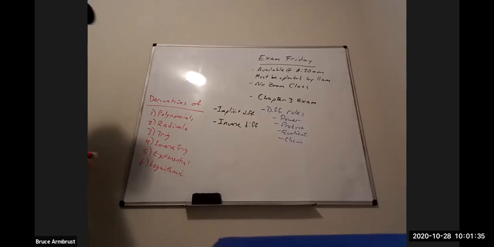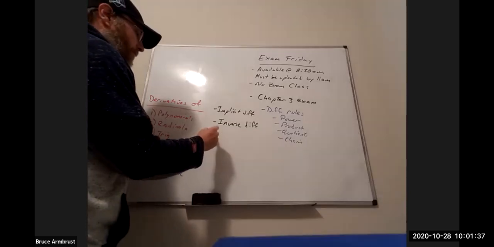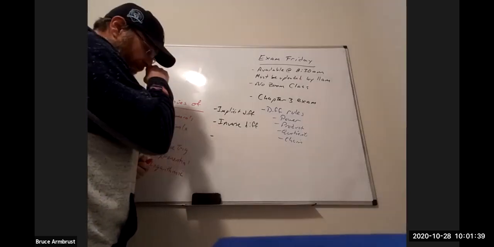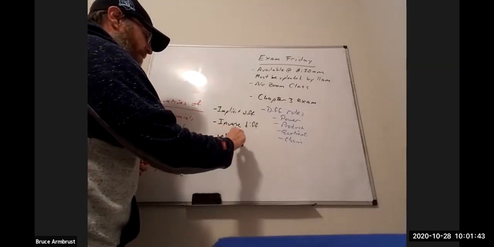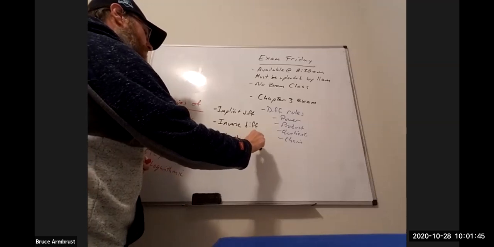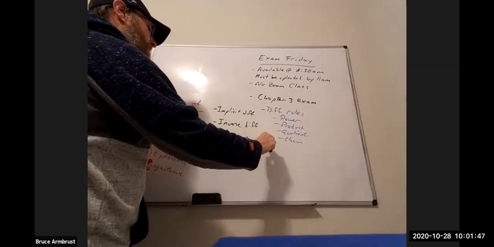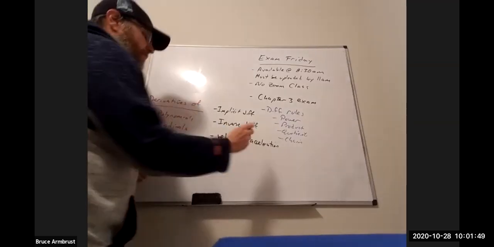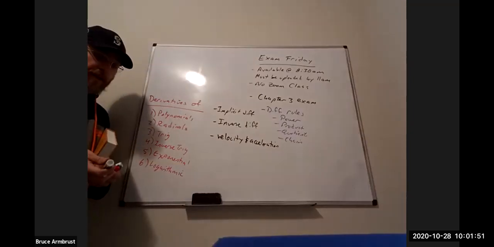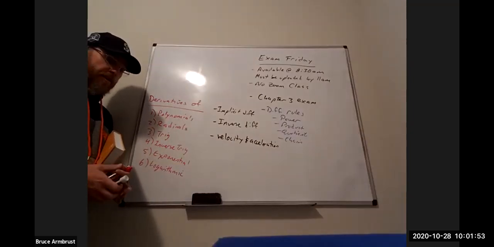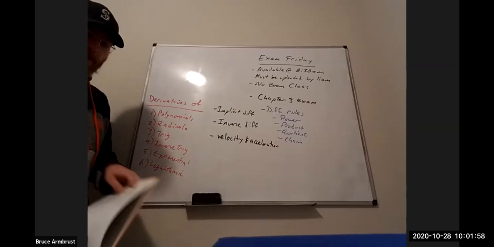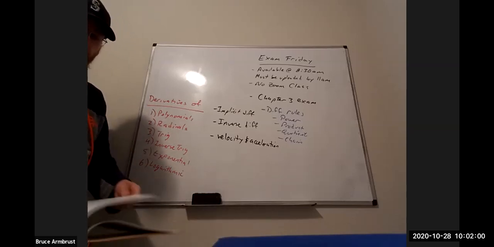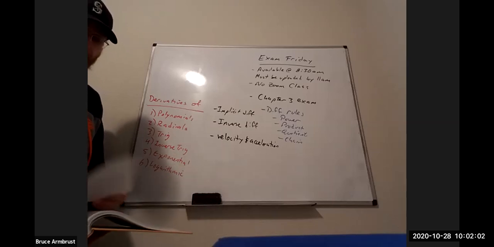In terms of kind of an application, remember the whole rates of change stuff? So I'm going to put here velocity and acceleration. How those are found. So if you've got a position function, a function that describes where something's located with respect to time, if you differentiate it, that gives you velocity.